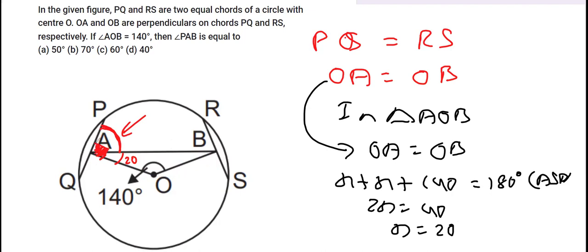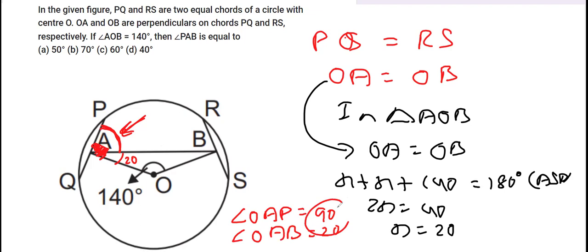So angle OAP is 90 degrees. And we just calculated the value of angle OAB as 20 degrees. So the required angle is the difference of these two angles, that is 70 degrees.